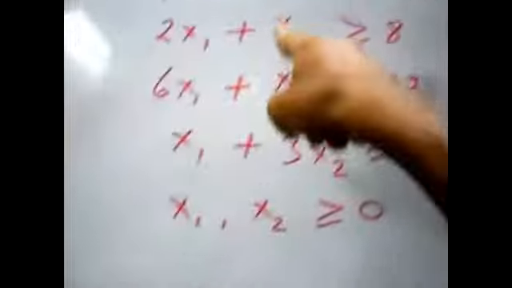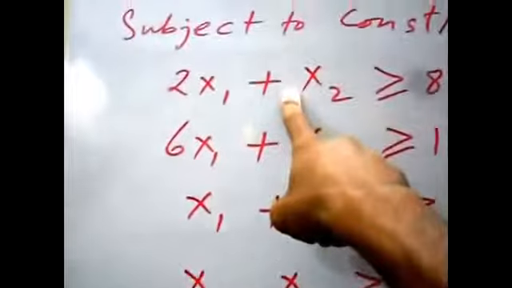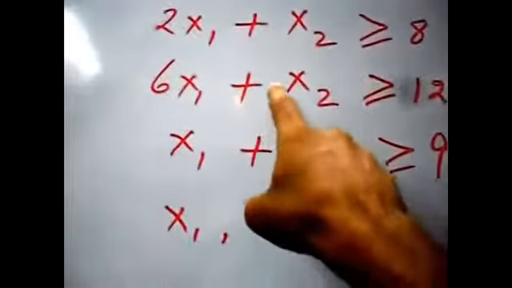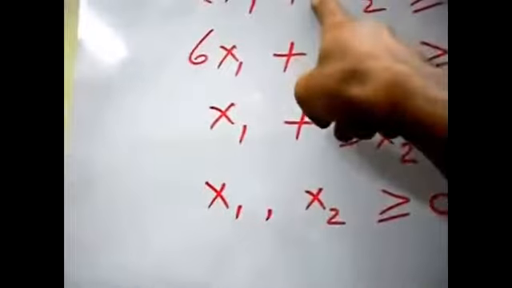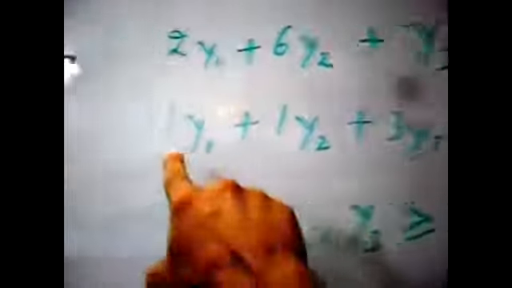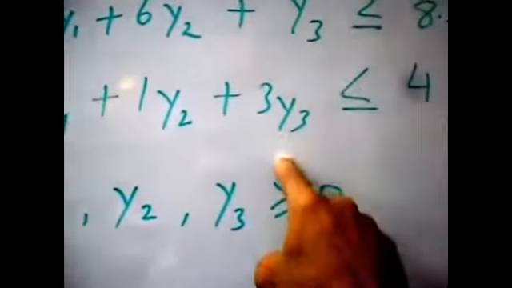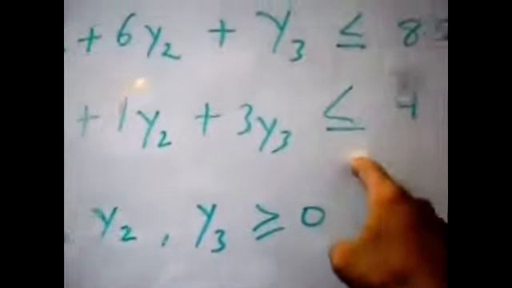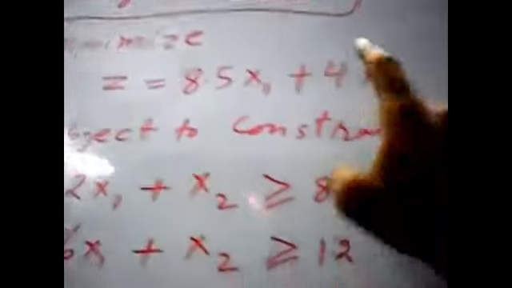Now we take the second column and convert it into a row: 1, 1, 3. So 1y1 plus 1y2 plus 3y3 less than or equal to 4. This 4 is the part from the objective function.